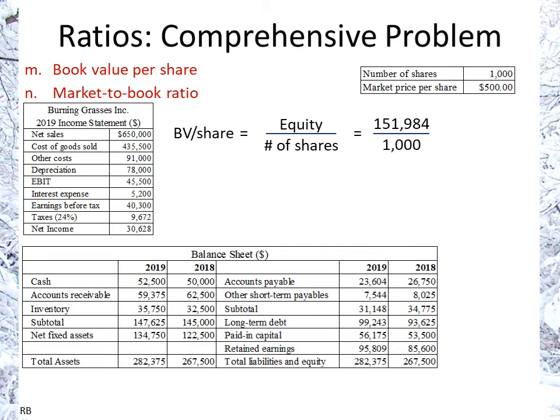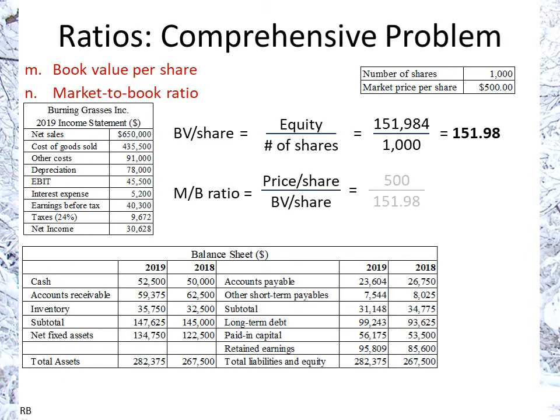That's 151,984 divided by 1,000 shares. So each share has a book value of $151.98. We could actually put a dollar sign there. And so now the market to book value ratio is the price per share, the market value, divided by the book value. So that's the $500 we have divided by 152 almost, and that's 3.29.